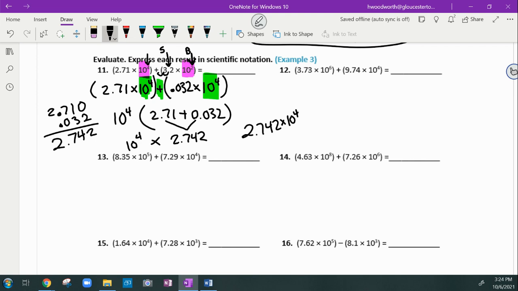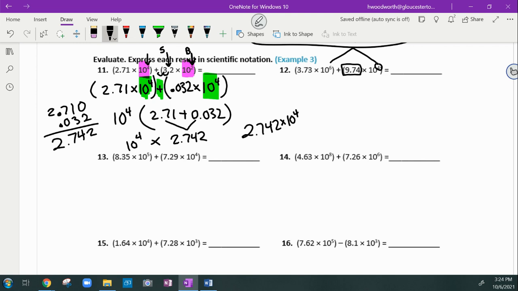All right. Now, let's do the next one quickly. We don't have the matching place values or the powers of 10, so we're going to have to handle that. I like to make the smaller one bigger, so I'm going to take that 4, and I'm going to bump it up twice, which means this guy has to lose 2 tens, or get smaller by 2 powers of 10.